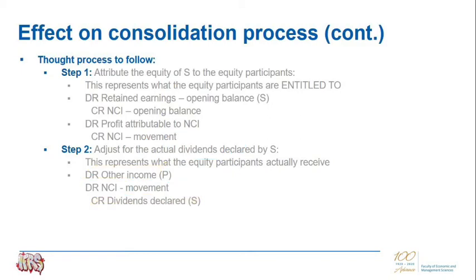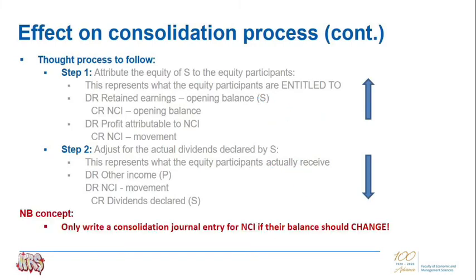Under step 1, it's typically where we increase the equity participant balances if it's positive movements in equity, and under step 2, we make their balances smaller again. In Chapter 8, this will now happen twice, step 1 and step 2. Last important concept, you only write a consolidation journal for NCI if their balance should change.